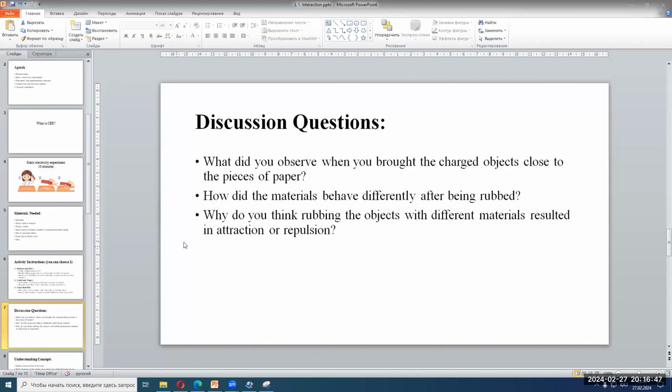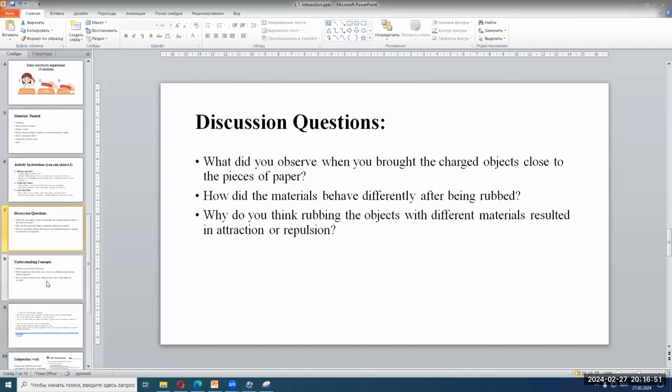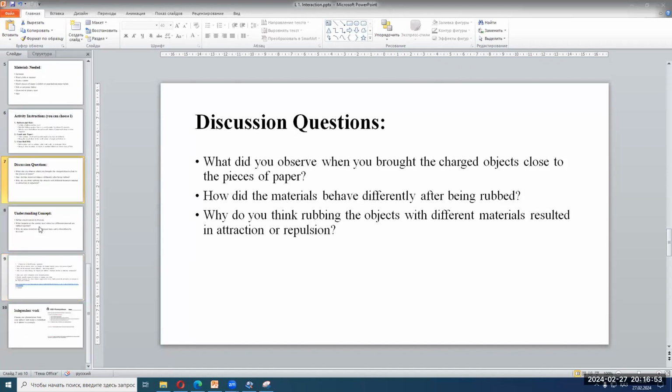The one was attracted. Other comments? After rubbing the ruler or pencil on hair, it started to have charge. When a different object with a different charge is near, it will attract that object.